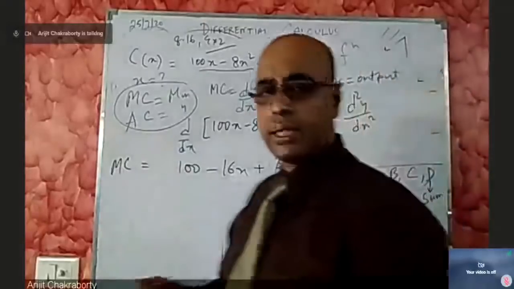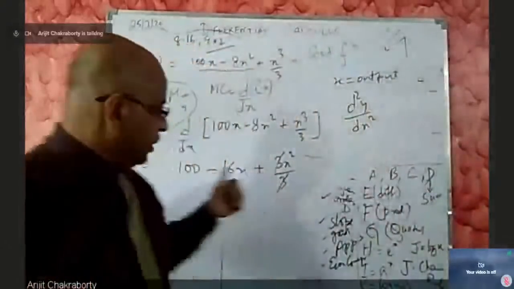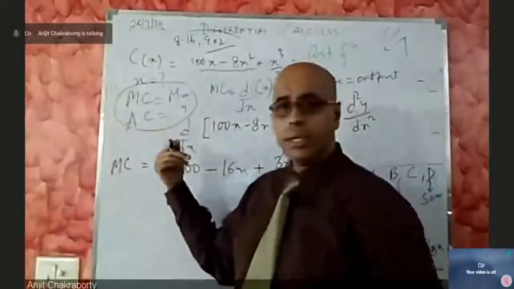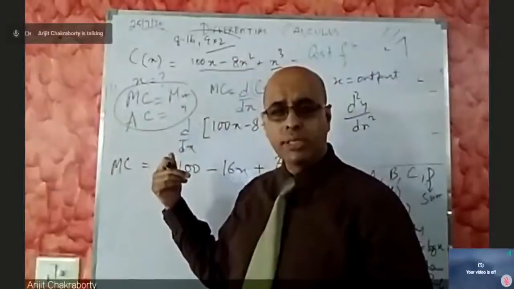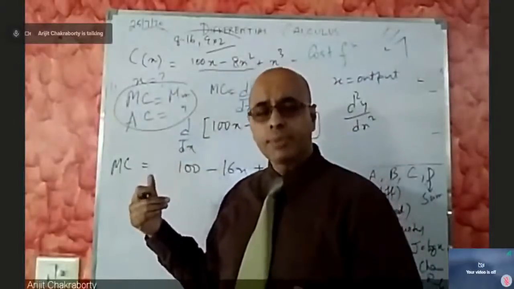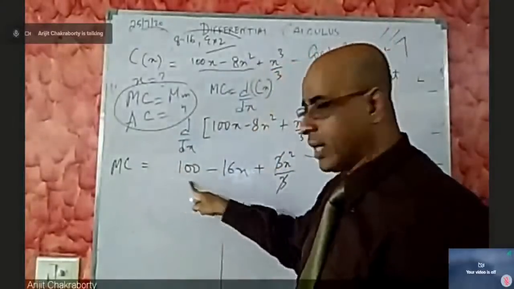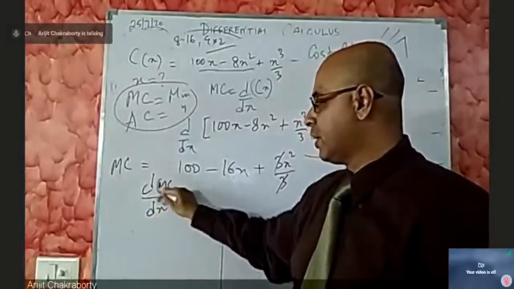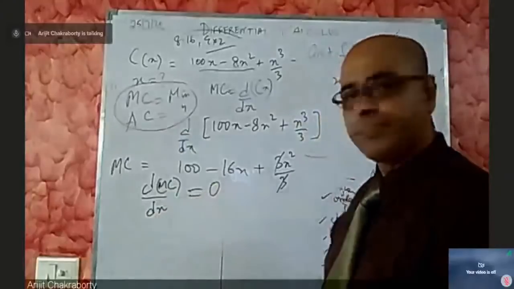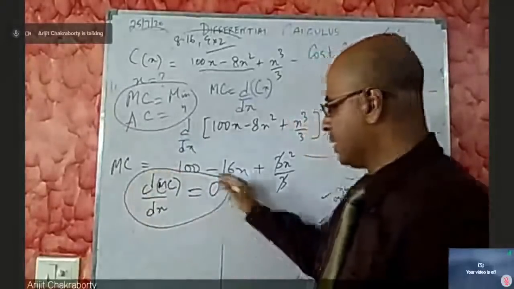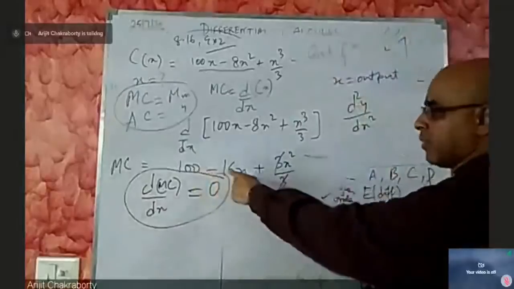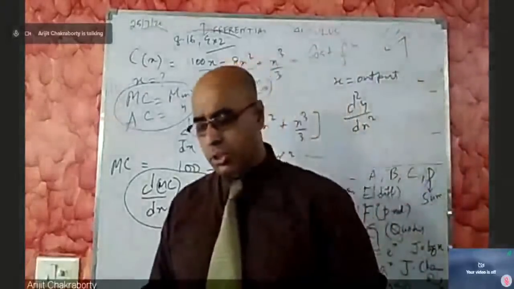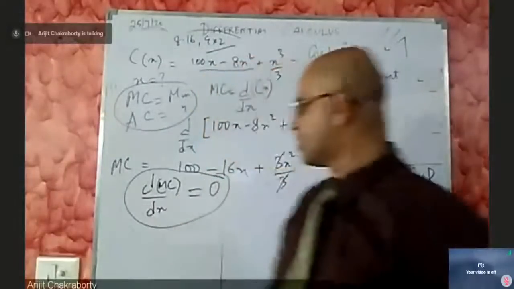The concept is, when you have to find at what output the marginal cost is minimum, you differentiate marginal cost, dMC by dx, and equate it to 0. This is the formula. So 100 minus 16x plus x square, we find the differential coefficient once again.